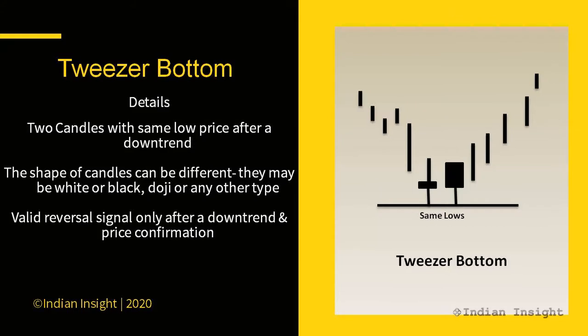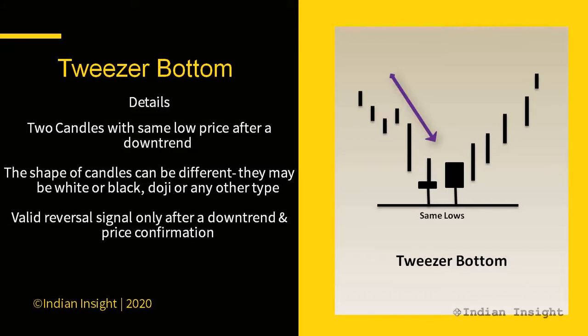Now let's look at some points you need to keep in mind before you trade using this pattern. First point is that the shape of these two candles don't really matter. They could basically be any candlestick pattern as long as they have the same low price. Secondly, two candles with the same low price will constitute a reversal signal only if they appear after a downtrend.